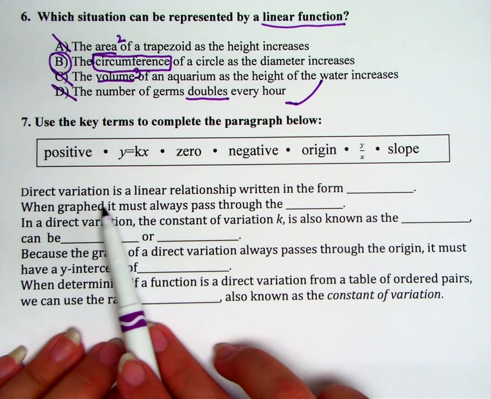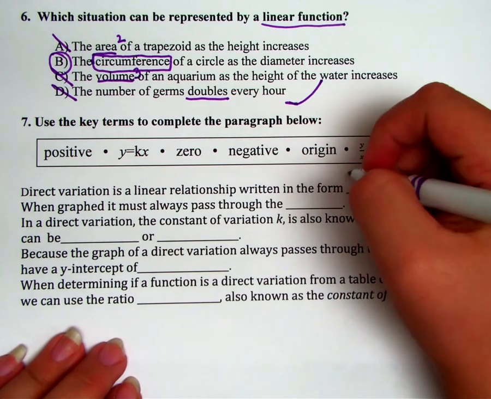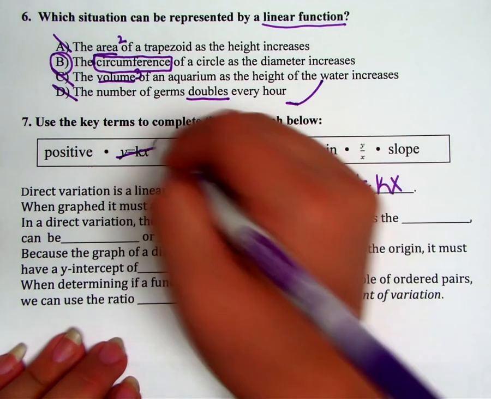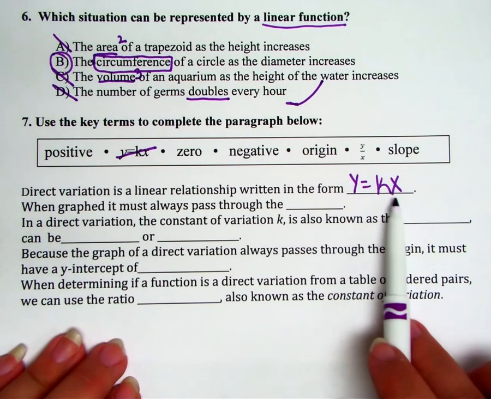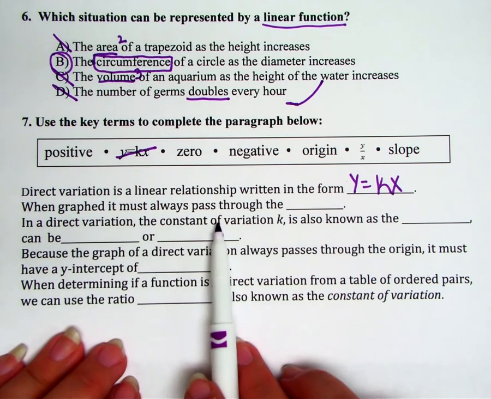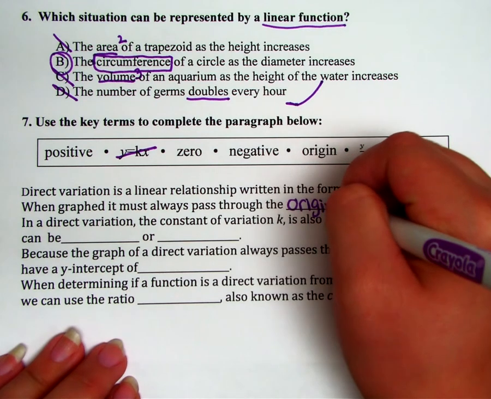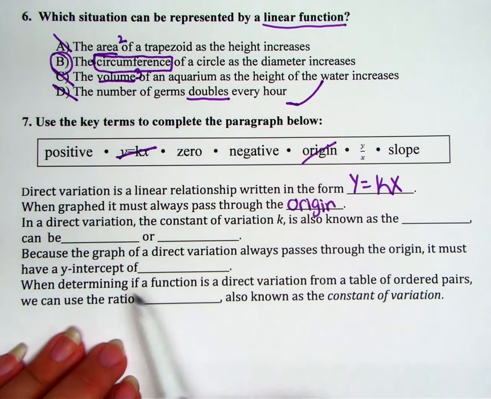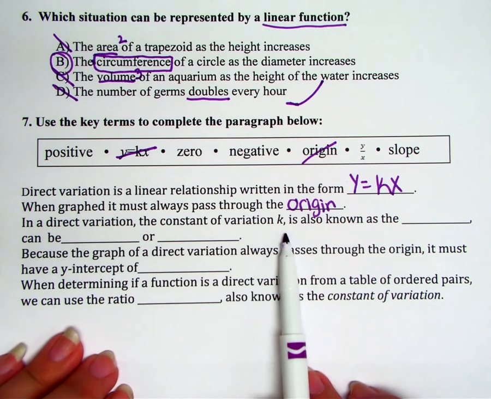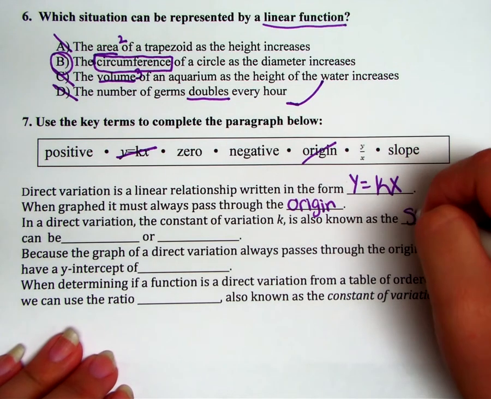So it says direct variation is a linear relationship written in the form y equals kx. That is our equation. That is our formula. When we graph it, it will always pass through the origin, right in the middle. In a direct variation, the constant of variation, k, is also known as our slope.